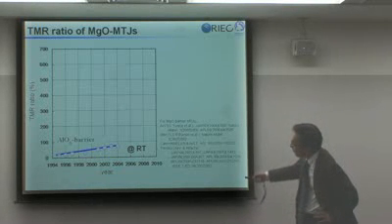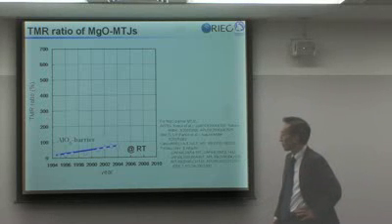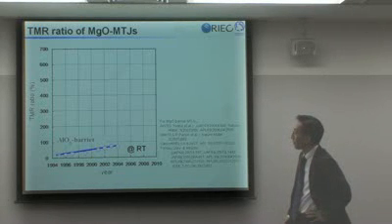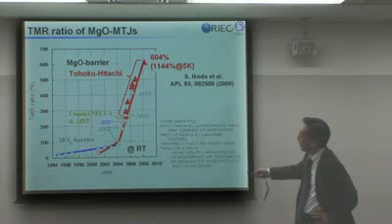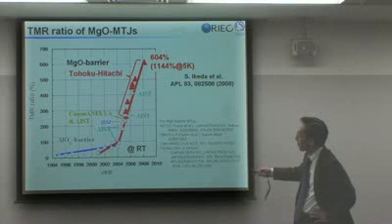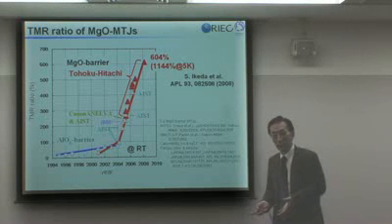But remember that in 2001, this MgO proposal came out, and people started to work on MgO. And now, two groups at AIST and IBM showed that you can have a very, very high tunnel magnetoresistance.